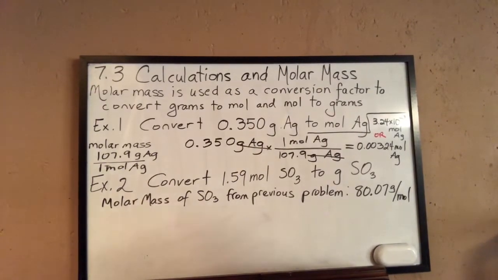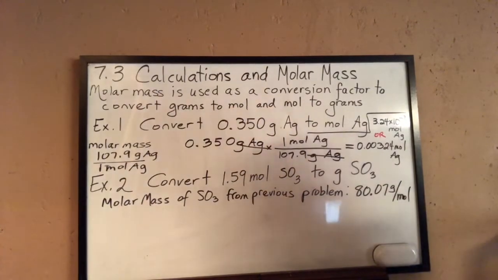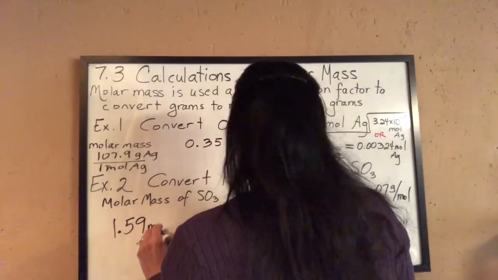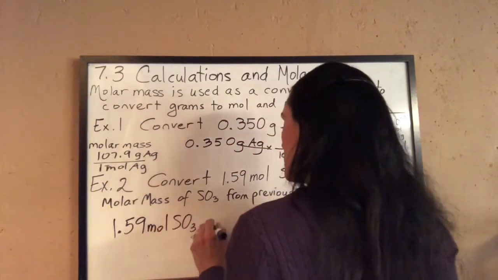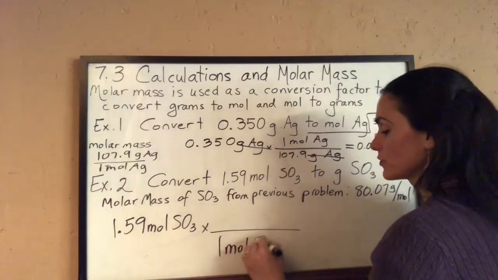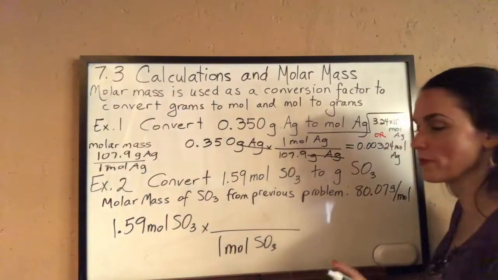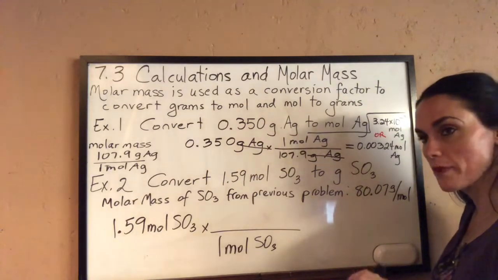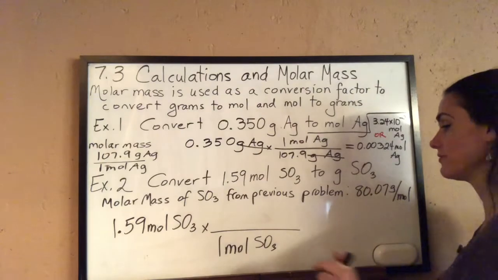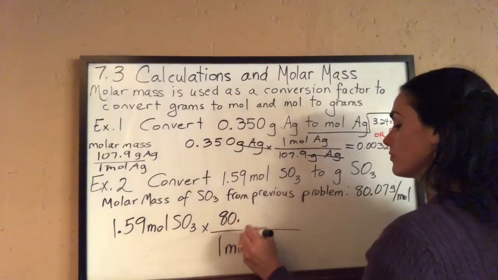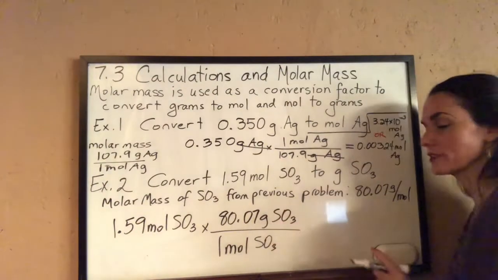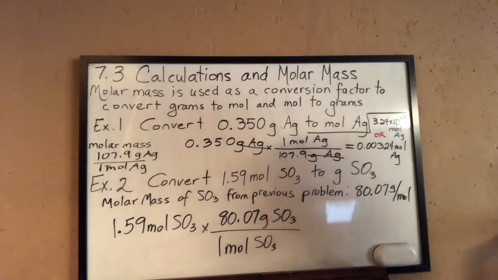But if you didn't, you'd have to calculate it. Now let's convert moles of sulfur trioxide into grams. And 1 mole of sulfur trioxide, remember molar mass is always per 1 mole. The mass varies depending upon what the substance is, but it's always per 1 mole. That's the definition of molar mass. So you're always going to have with mole the number 1, whether it's on the top or the bottom depends upon what you're solving for.